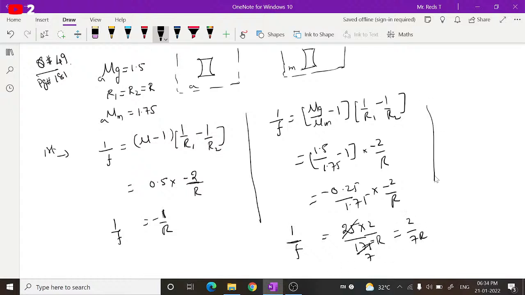From this, f is equal to 7R by 2, or 3.5R. So option 1 is correct. It has a positive focal length, so it behaves like a converging lens of focal length 3.5R. So option 1 is the right one.